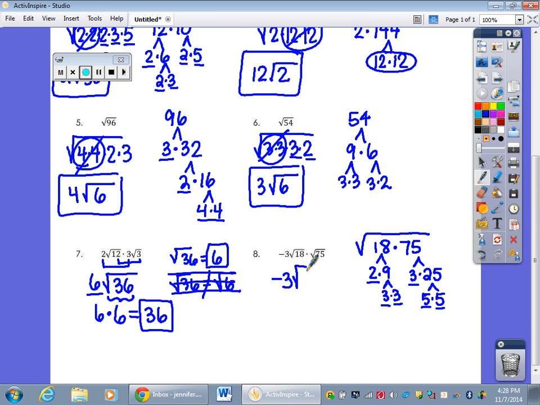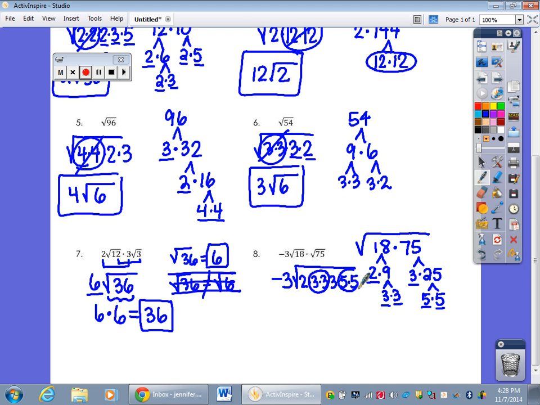So we have negative 3, and then inside we have 2, we have 3 3s, and we have 2 5s. Okay, all of the numbers that are prime. So instead of multiplying 18 times 75 and getting some huge number and then having to break that down, you can just break them down individually. And so all of these together should multiply to give us what 18 times 75 would be.